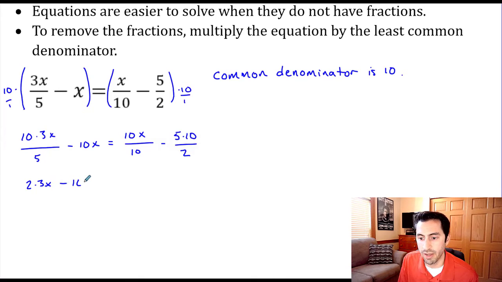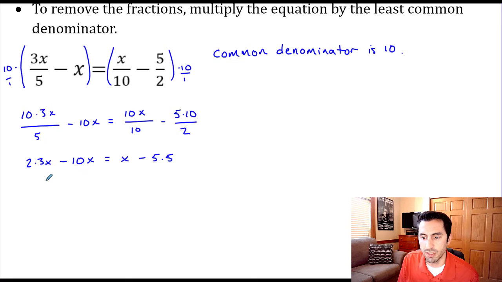And I still have this minus 10x. On the other side of the equal sign, 10 over 10, that simplifies to 1, just leaving us with an x. And then lastly, here I have 10 over 2. Well, that simplifies to 5, so then I have minus 5 times 5. So with that one step, we're able to get rid of all of these fractions.